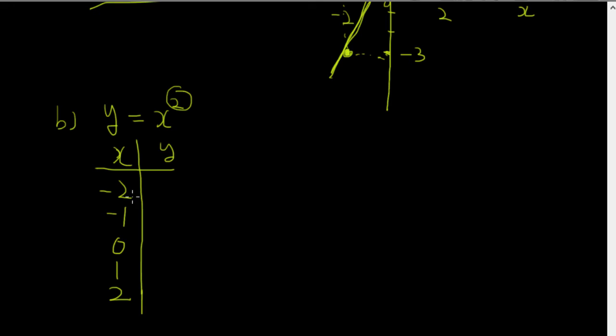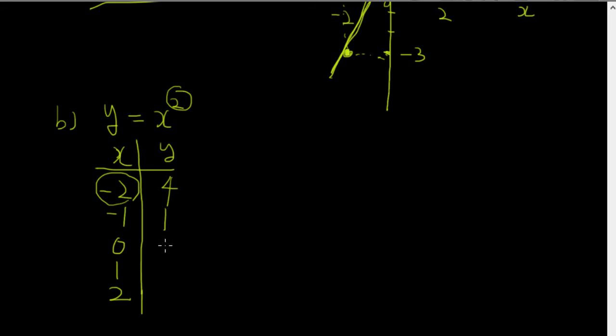So when x equals -2, what's y going to be? When I put -2 in place of x, -2 squared, -2 times -2, is 4. When I put -1, -1 squared is 1.